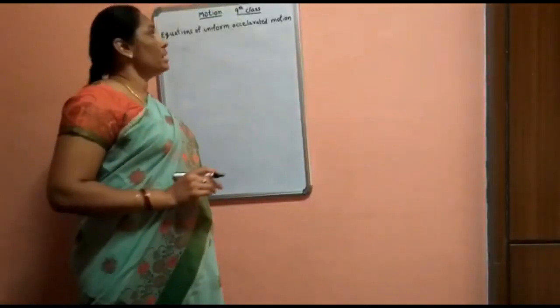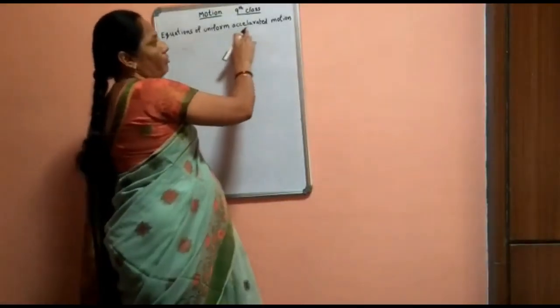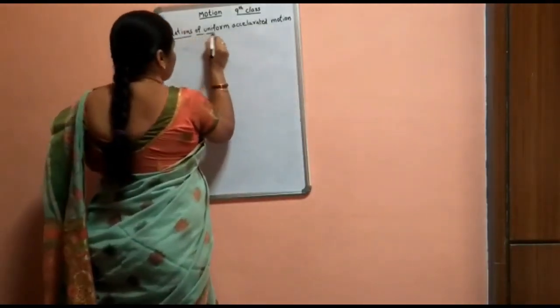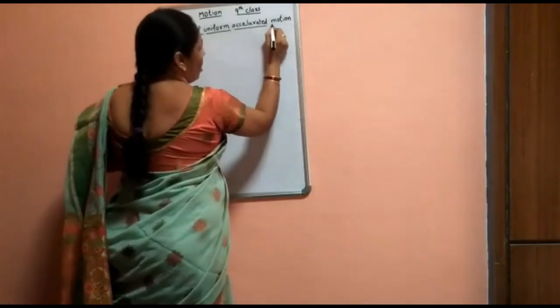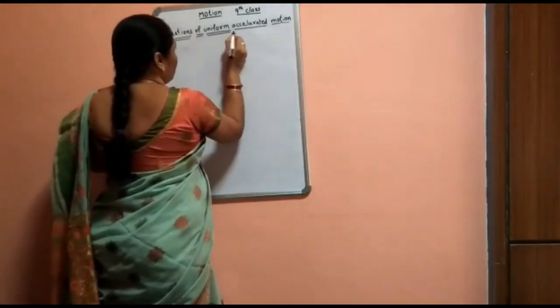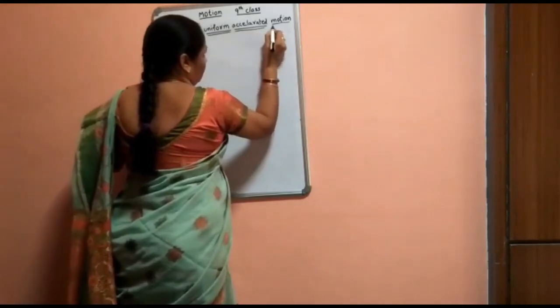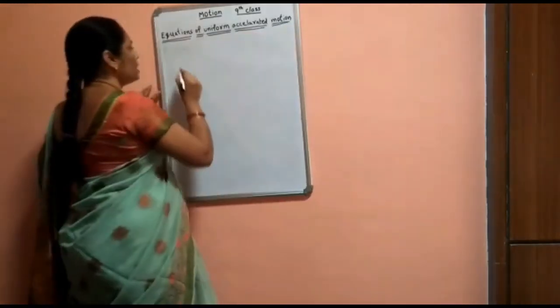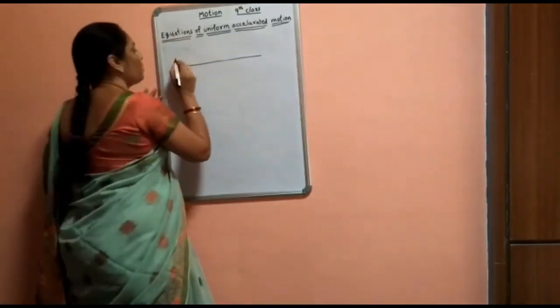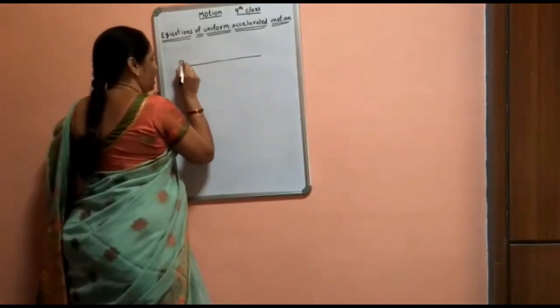Now we discuss equations of uniform accelerated motion. An object is traveling in a straight line.